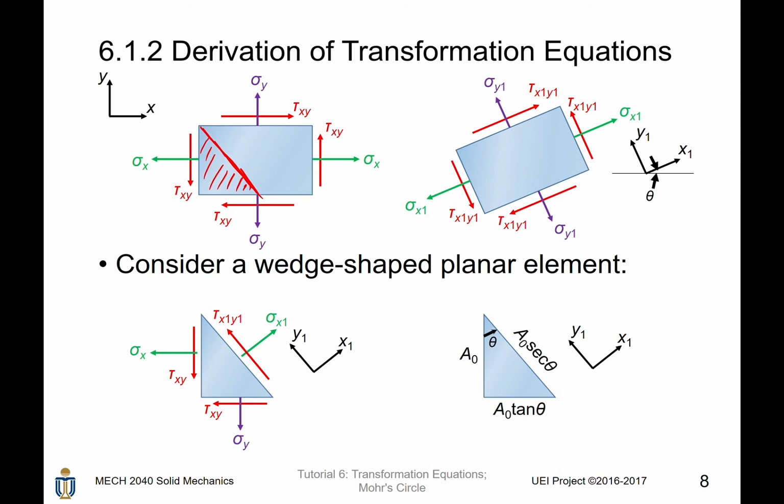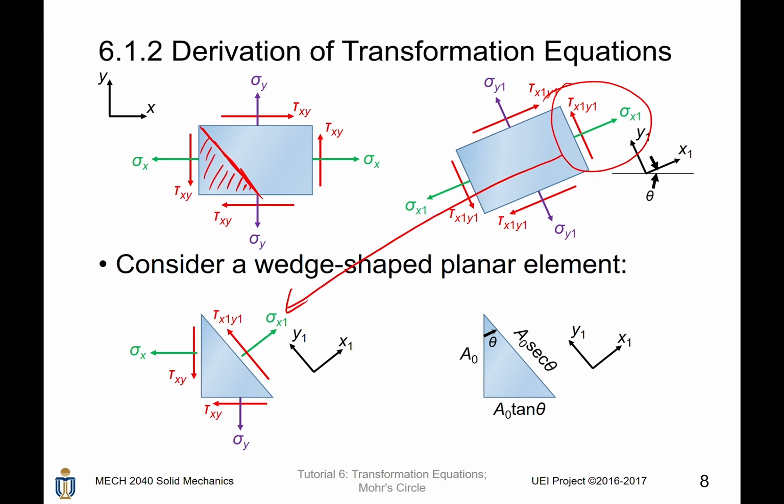So if we take this piece of stress element, then on the two orthogonal sides, there will be sigma x and sigma y, as well as tau xy, while on the inclined plane, we will have tau x1 y1 and sigma x1. So it is quite similar to this one. Okay, so we just move them over there.